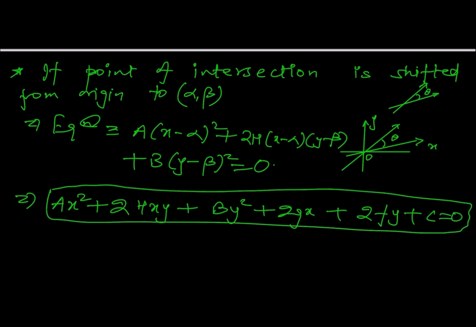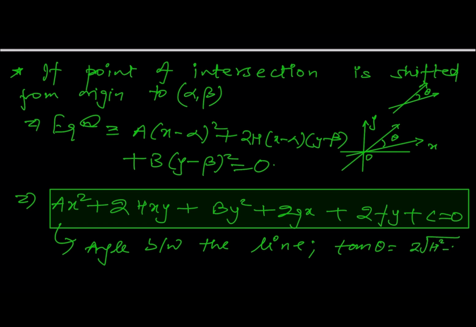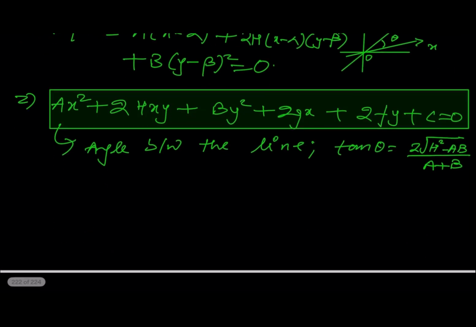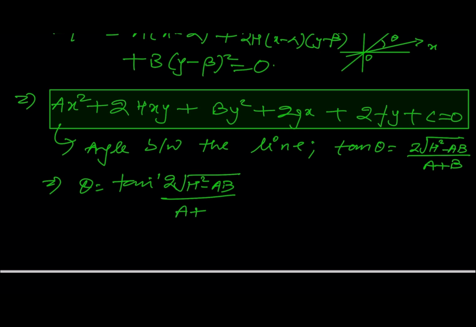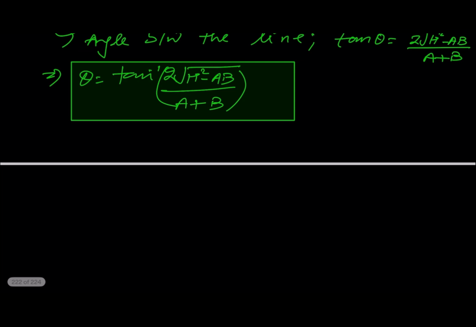So the angle will be the same. Again, the angle between the lines will be tan theta equal to 2 root over h square minus ab upon a plus b, because the second degree term is the same, it doesn't change, right? So this is the angle, again the same angle.